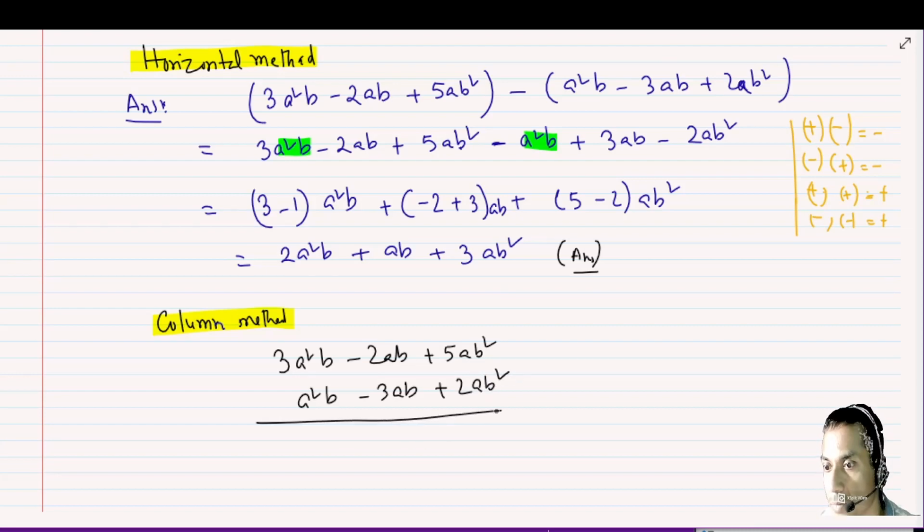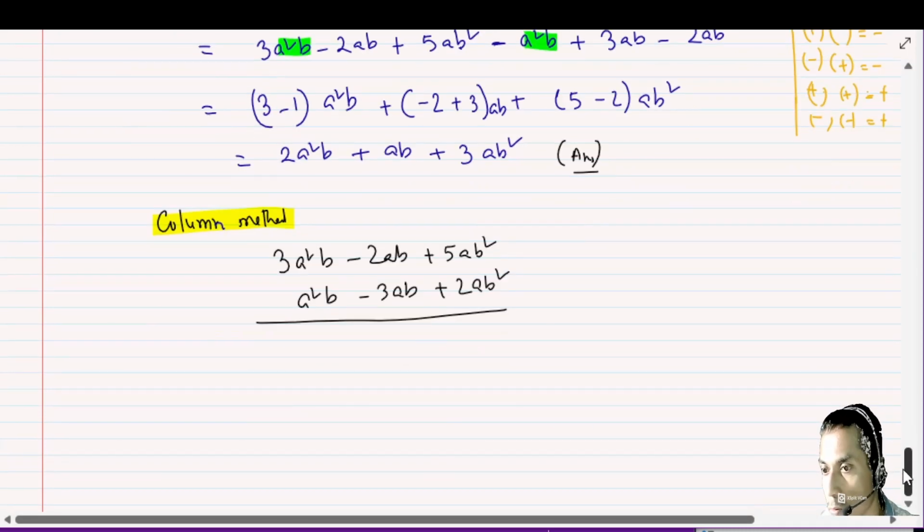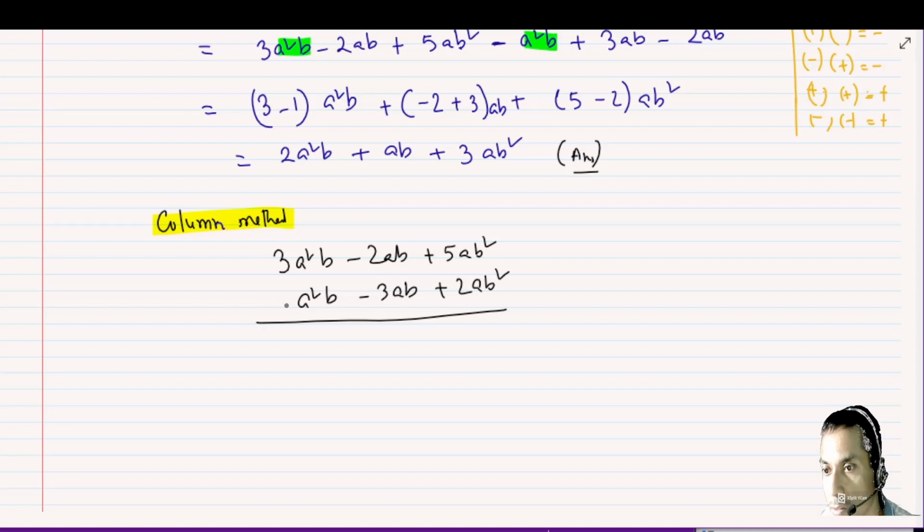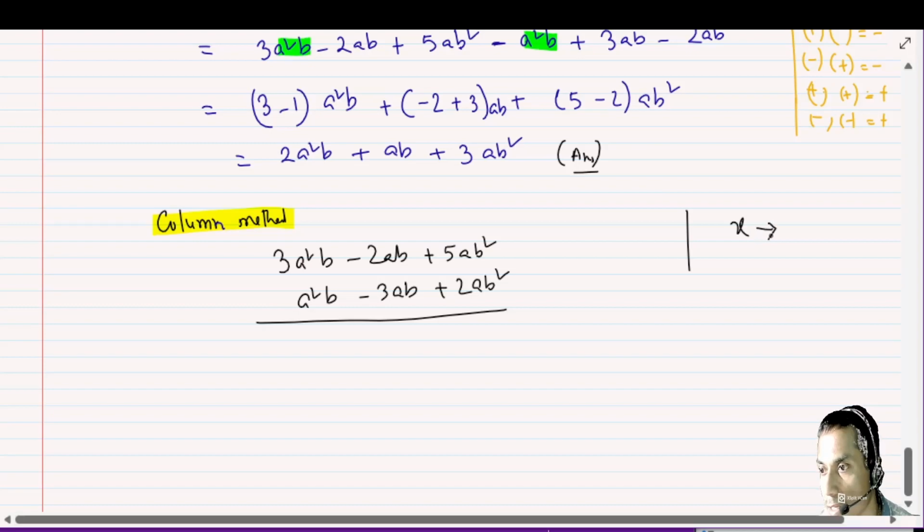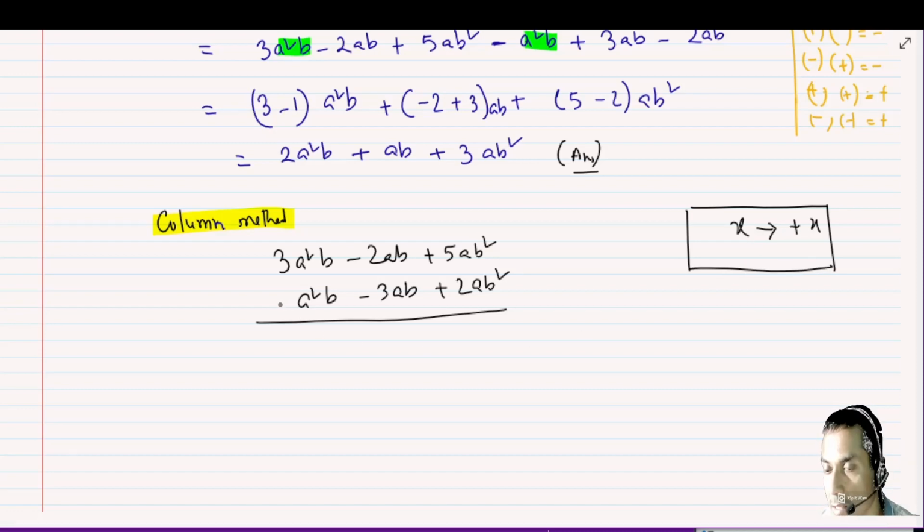Clear? But here one new thing we have to do, that is very important to understand. Here it is actually plus. You must know that any digit, suppose x, actually if it is x it means plus x. Clear? So we know that. So here it is plus, so we take the minus here, we change the sign. It was plus, so change the sign to minus.